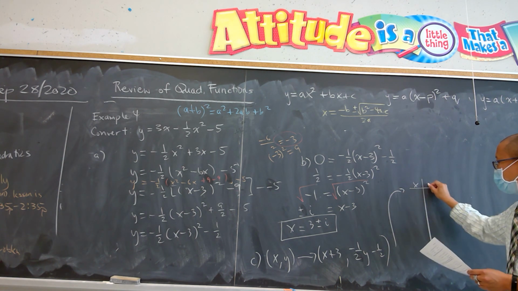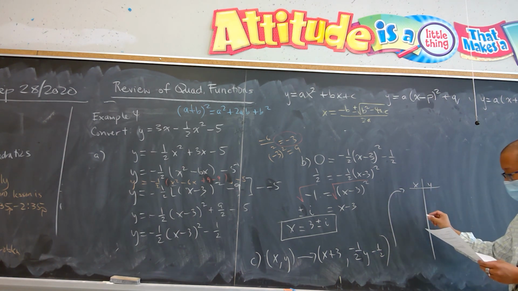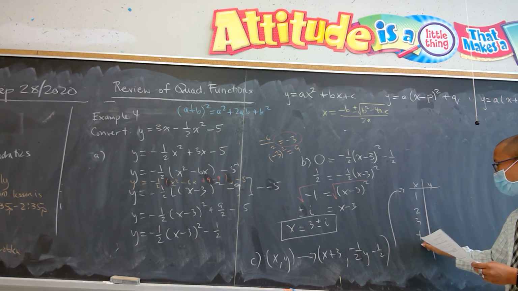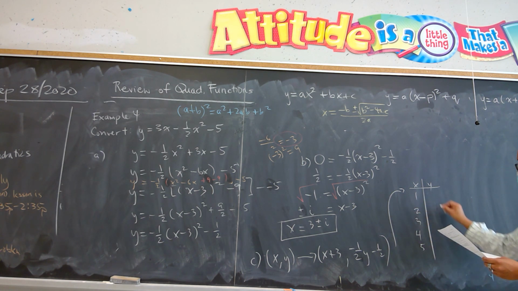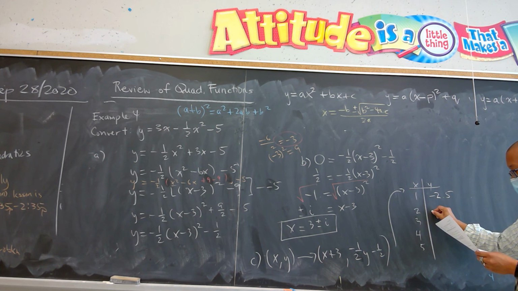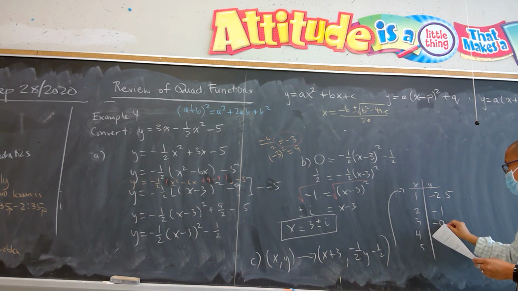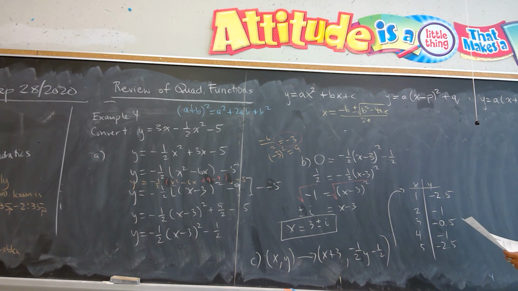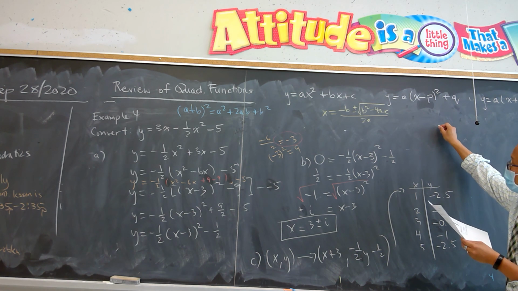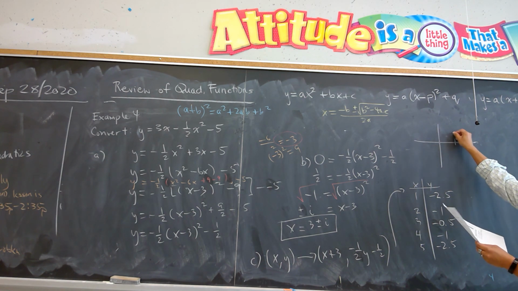For the new transformations, if I follow this information, you're going to get these values. So 1, 2, 3, 4, 5. And that's going to be negative 2.5, negative 1, negative 0.5, and negative 2.5. I'm just using pencils. A lot of you realize if you were to do a sketch of this parabola, the vertex is going to be at 3.